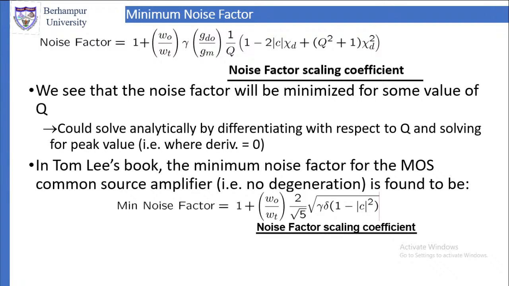Differentiate the noise factor with respect to Q, then equate the derivative to 0 and find the value of Q. If you look at the textbook that is prescribed, the minimum noise factor for the MOS common source amplifier without any degeneration is found to be 1 plus omega 0 by omega T into 2 by root 5 into root over of gamma delta into 1 minus absolute C square. This is called the noise factor scaling coefficient.